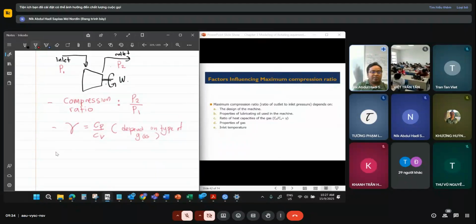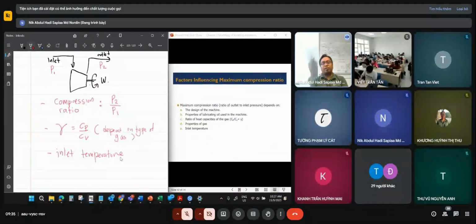And last is the inlet temperature. All of these three factors determine how the compressor should be run.